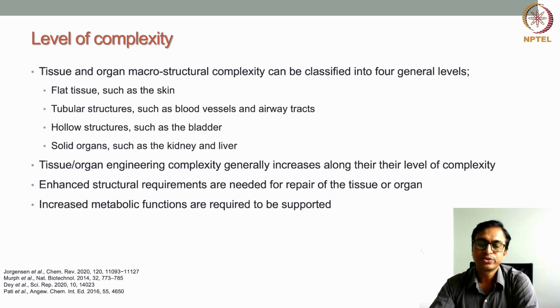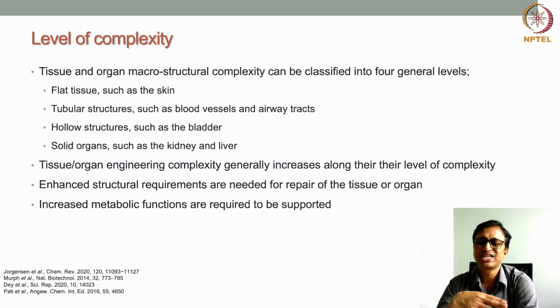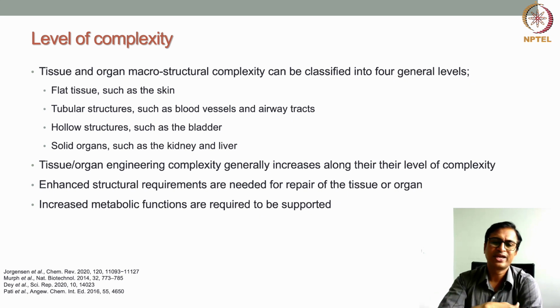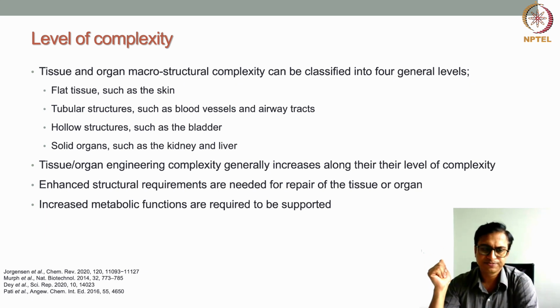Suppose for bioprinting of skin, what is required would be different from what is required for bioprinting of kidney or liver, because kidney or liver have a very complex structure, while skin is mostly a flat tissue. So we can start with 2D array bioprinting, print them, and come up with skin tissue structures.